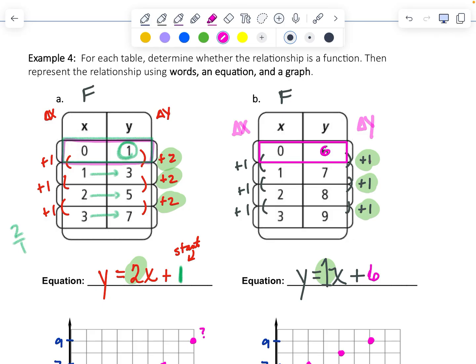So you know how 1 times 1 plus 6 is 7, 1 times 2 plus 6 is 8, 1 times 3 plus 6 is 9. So you have the same relationship. You're just looking at this first part. If you plug 0 in, it helps you.